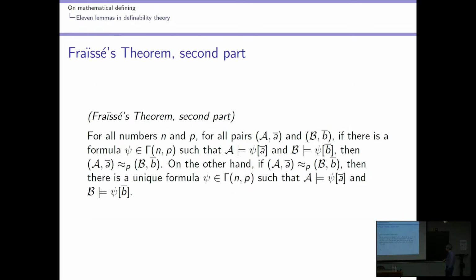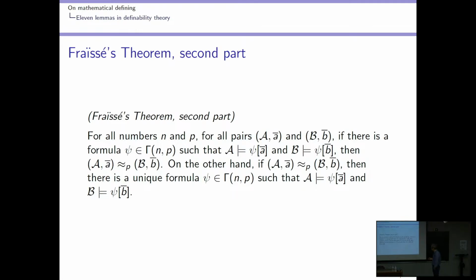So Fraïssé's theorem, second part. I will not show the construction of the characteristic formulas, but it can be done. For all numbers n and p, for all tuples A bar, B bar, if there is a characteristic formula such that both A bar and B bar satisfy this formula, which means that both A bar and B bar are in the same state up to P, then A bar and B bar are P partially isomorphic.